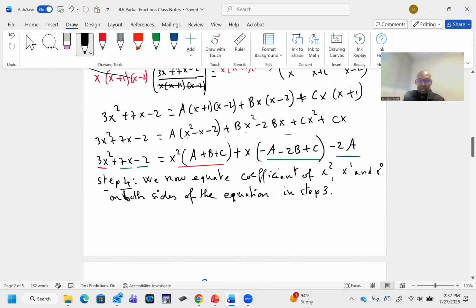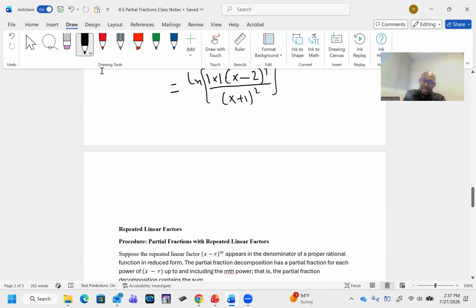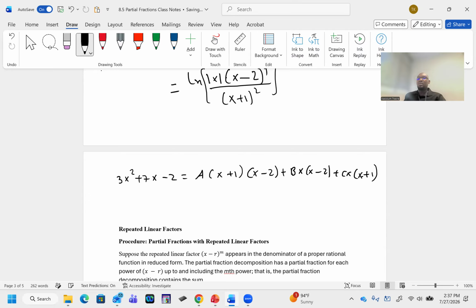Right here, I'm going to copy this part, which we had when we were trying to cancel the denominator: 3x squared plus 7x minus 2 is equal to A times x plus 1 times x minus 2 plus Bx times x minus 2 plus Cx times x plus 1, right?